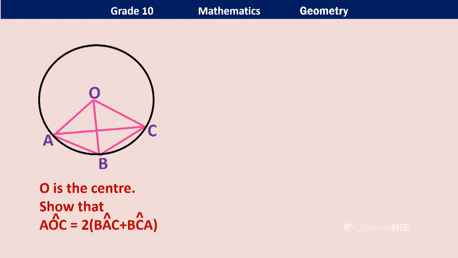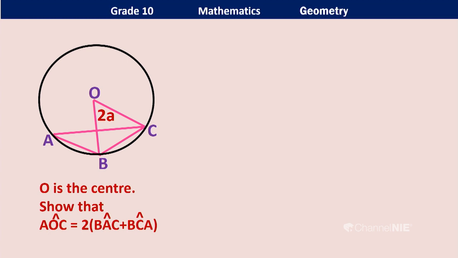Right. If I take the angle BOC as 2A, I can see that that is the angle subtended by the arc BC at the center of the circle. That means BOC is the angle subtended by the minor arc BC at the center of the circle.